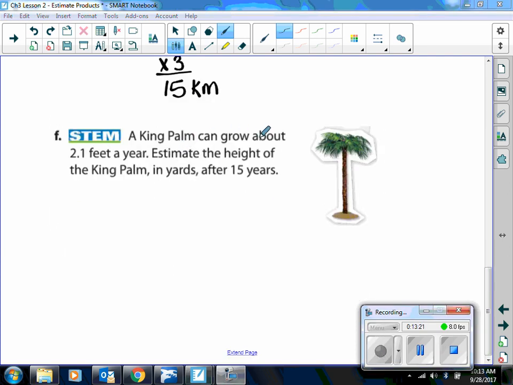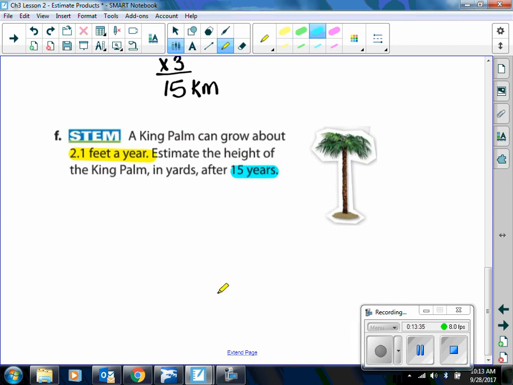A king palm can grow about 2.1 feet per year. Estimate the height of the king palm after 15 years. Okay? So, when we are multiplying, let's see.